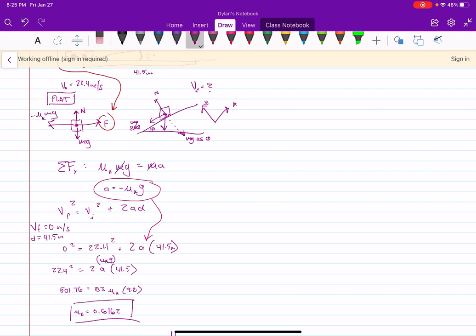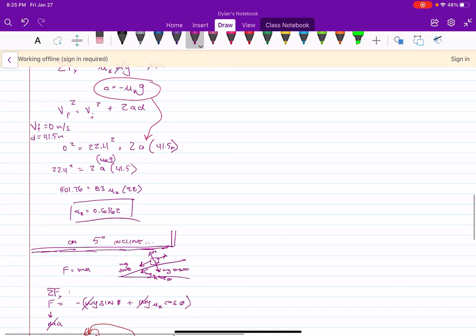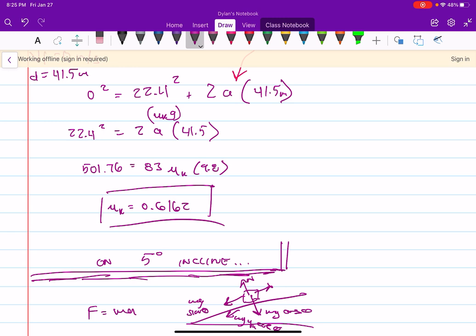which, this is distance. Sometimes kinematic equations use x or d or s or whatever. And so then I plugged everything in to solve for the coefficient of static friction, and got that, which seemed pretty reasonable.